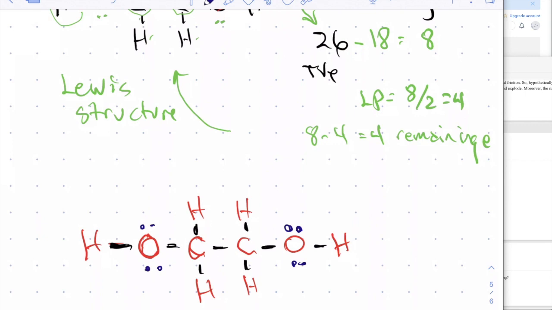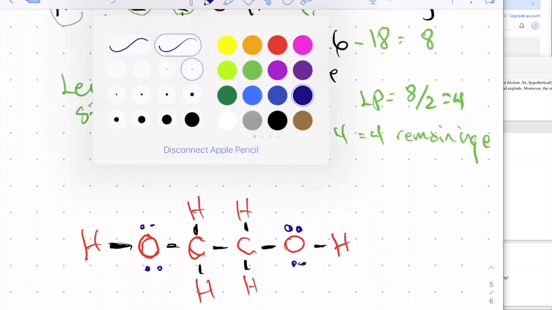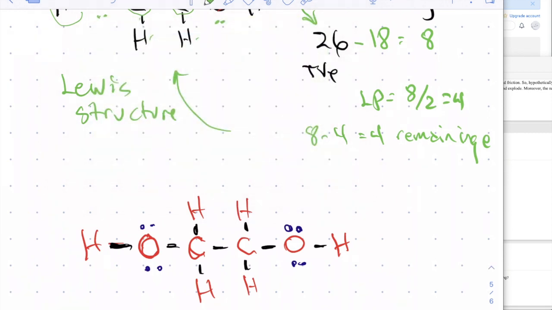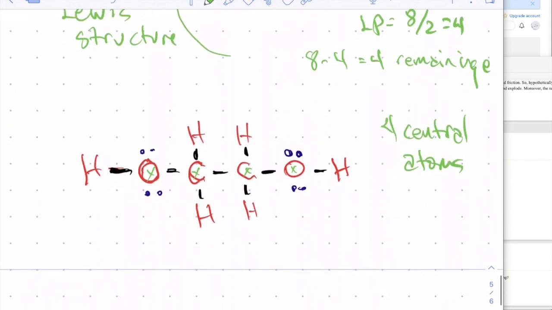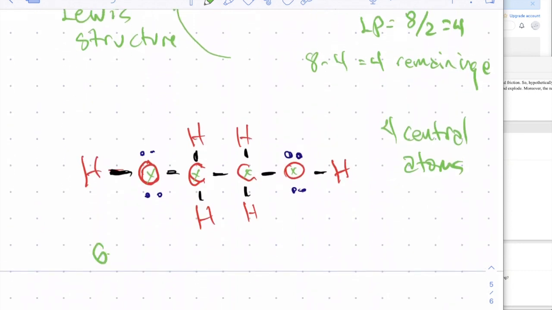Now we need to look at the geometry. As it turns out, this particular chemical has 1, 2, 3, 4 central atoms. Since it has 4 central atoms, we have to figure out the geometry around each.